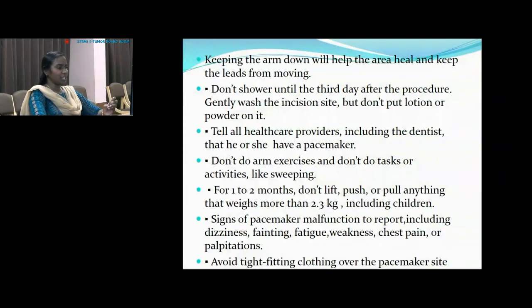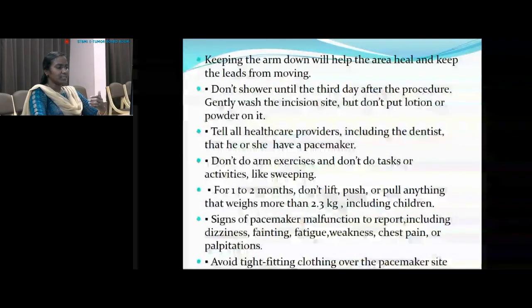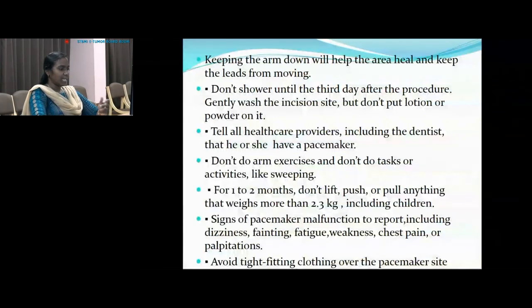These are the common symptoms which develop as a result of pacemaker malfunction. So we must teach the patients that once they develop such symptoms, they have to report to the concerned department and proceed further. And tight fitting dresses should be avoided, etc.